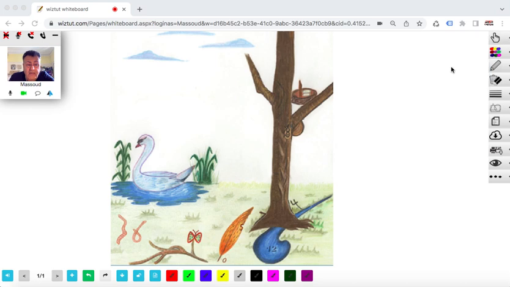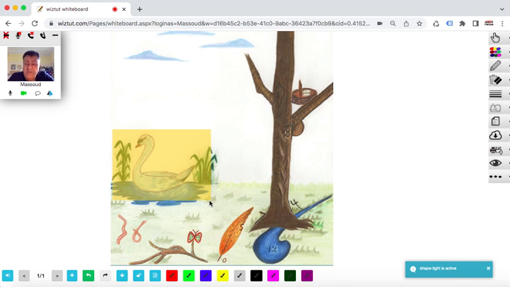This is a 2 times table, and the key for this 2 times table is actually here. So the bird is in the shape of a 2, which if you discuss that with your learner and say, because the bird is in the shape of 2, then this is the key for this table, and so the other tables, which are not the 2 times table, will have a different key, and the 4 times table will have a different key.